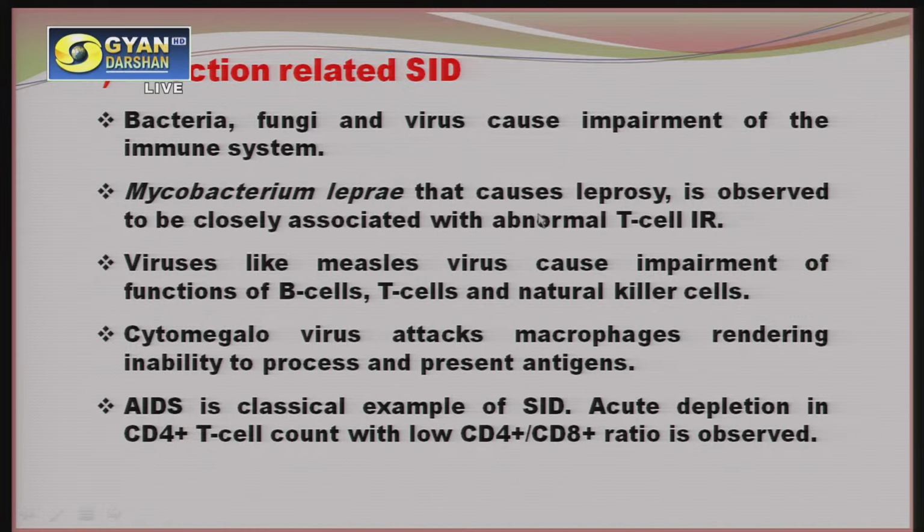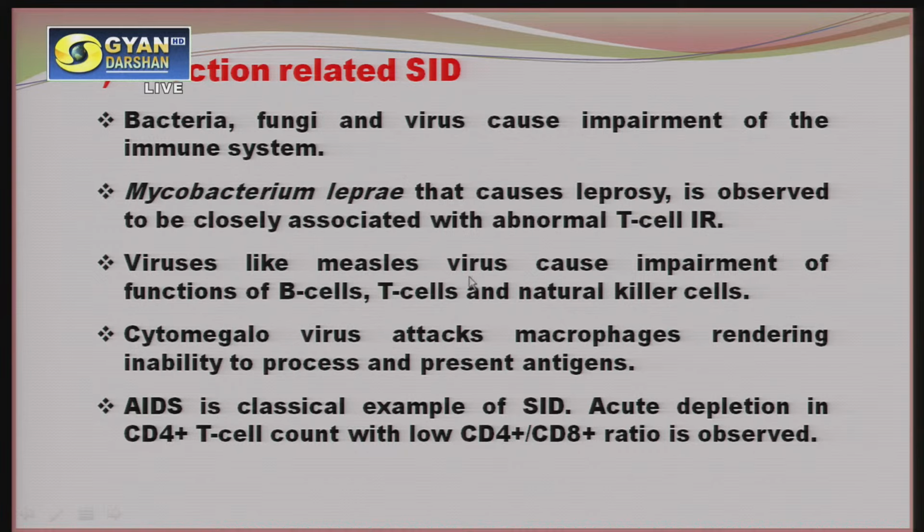They will generate secondary immunodeficiency. AIDS is a classical example of secondary immunodeficiency. Acute depletion of the CD4 positive cell count and a low CD4 to CD8 ratio is observed in case of secondary immunodeficiency.